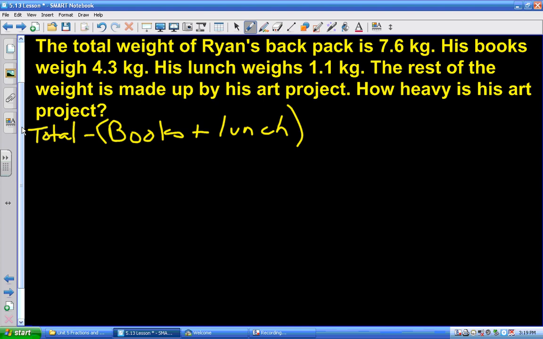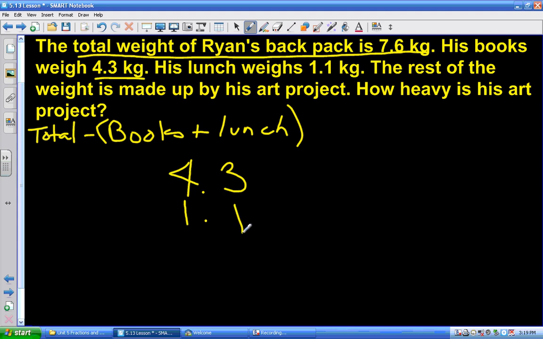The total weight of his backpack is 7.6. His books are 4.3 and 1.1. So what do I get? 5.4.